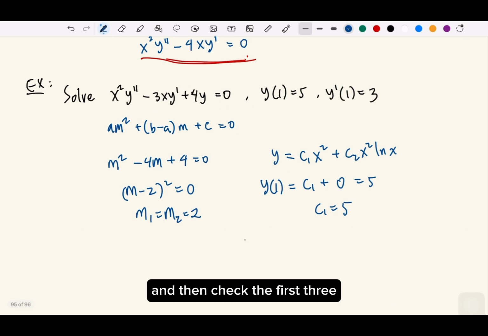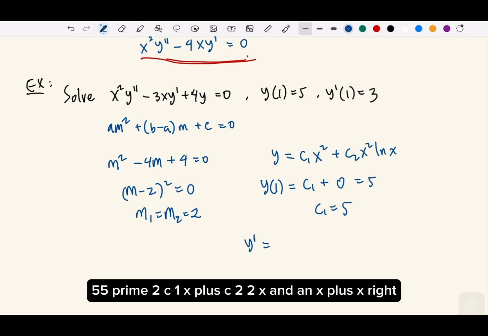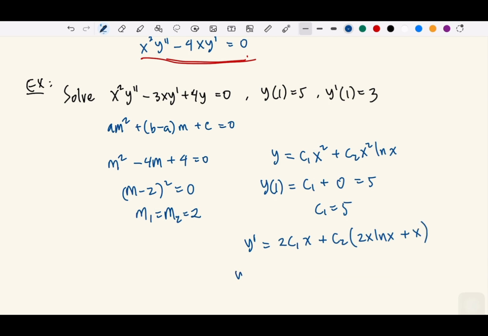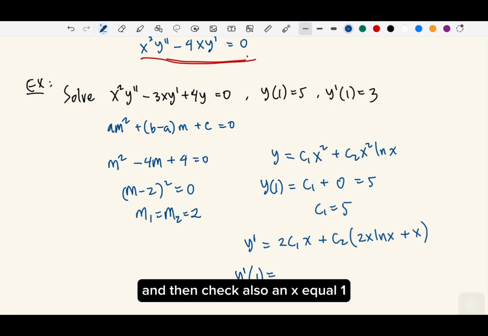And then check the first derivative, y prime, 2c1 x plus c2 times 2x ln x plus x, right? And then check also when x equals 1.